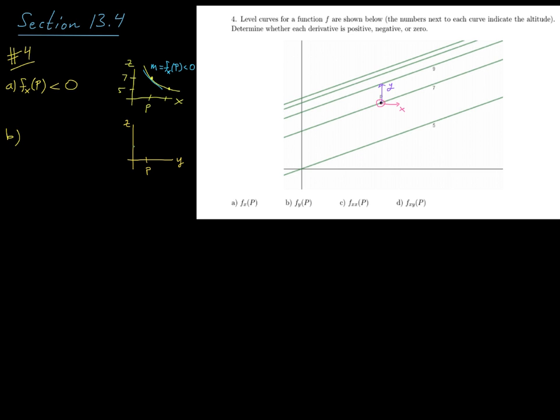Our altitude at P is 7, and then we're moving towards a contour at an altitude of 9, so we're going to be moving up like this. Since Fy is just measuring the slope of our surface in the positive y direction, this would be a positive value. So our answer here is that Fy at P is positive.